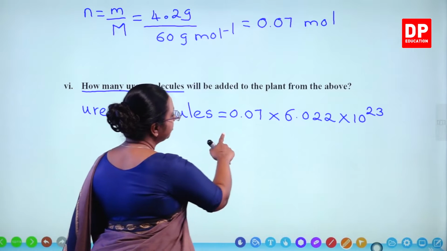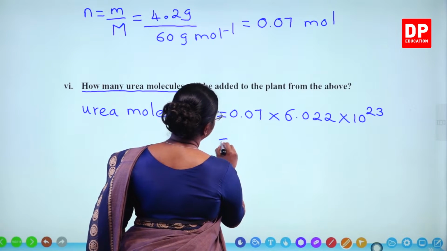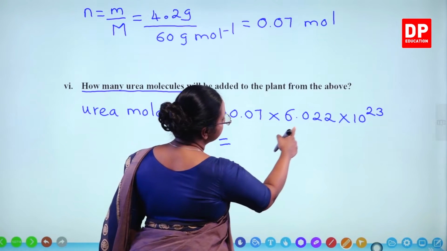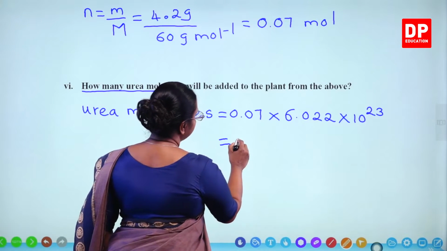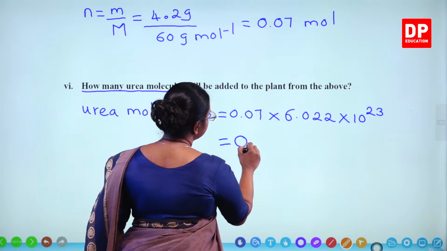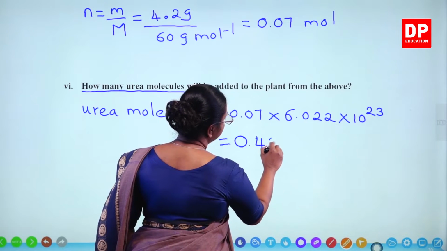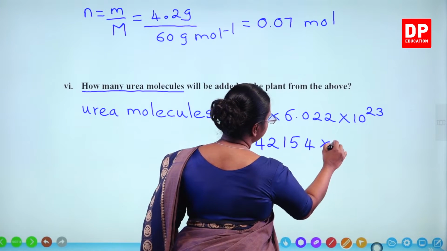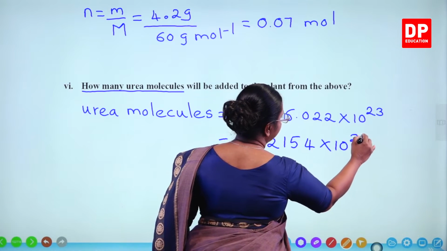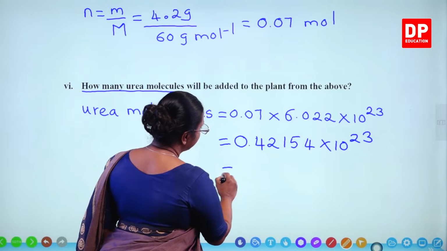So students, when you multiply 0.07 by 6.022 into 10 to the power of 23, you will get the value as 0.42154 into 10 to the power of 23. So what do we do now?